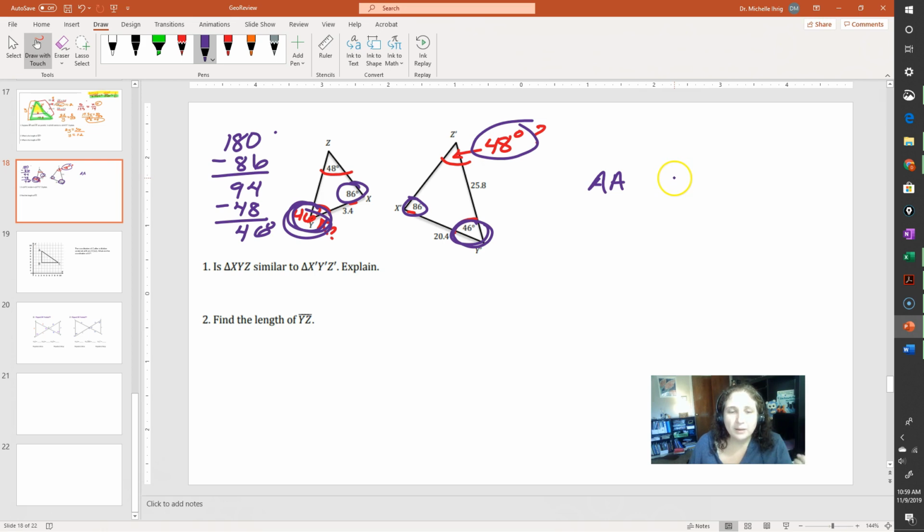You wouldn't yet be able to do proportional, because we don't know what the scale factor is to get 3.4 to 20.4. We would have to have another value to compare it to make sure it's proportional. And there isn't angle-side-angle anyway, so it's just side-angle-side proportionality.